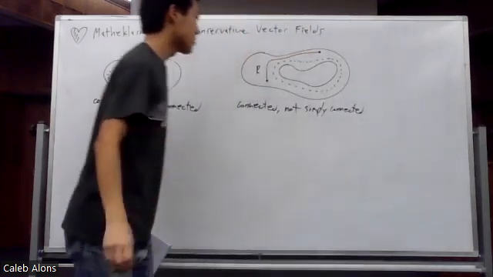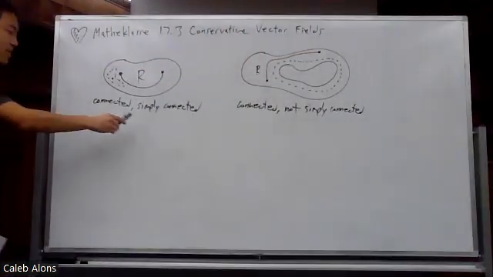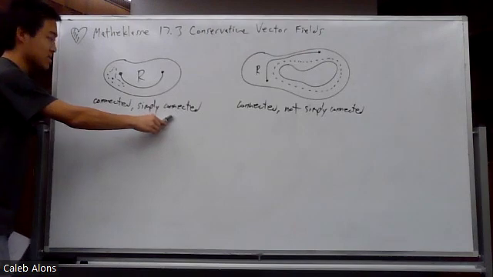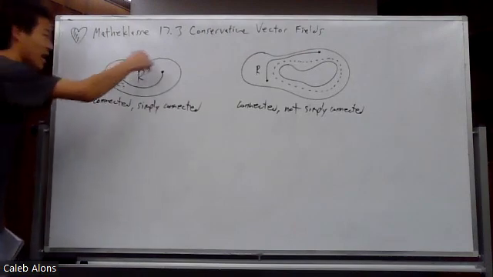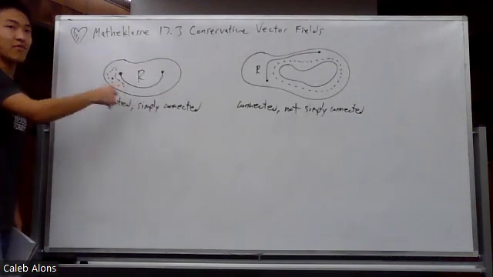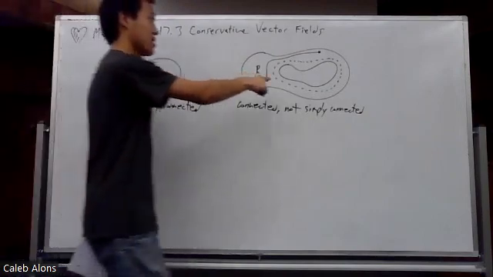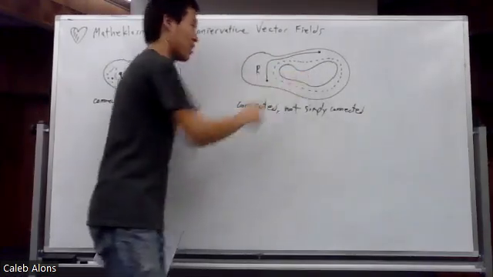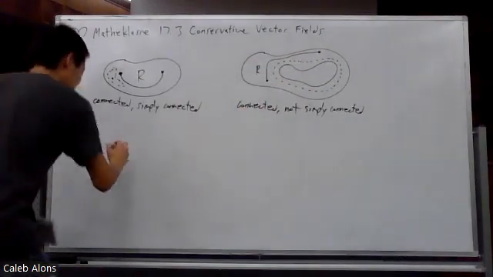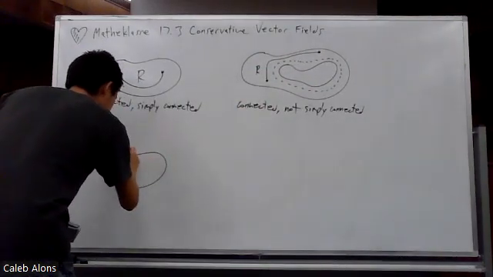And you can probably guess that when a theorem talks about simply connectedness, it's just requiring that we actually have the field existing everywhere inside of a simply connected region, because something like this is an issue. And then we can actually have simply connectedness without them being connected.